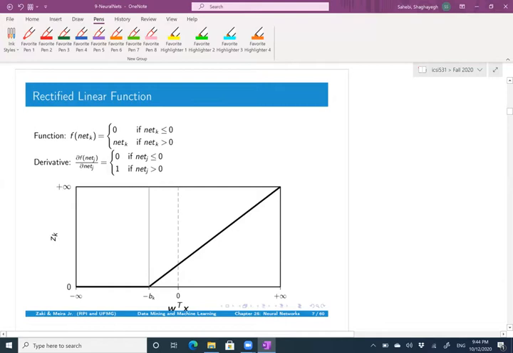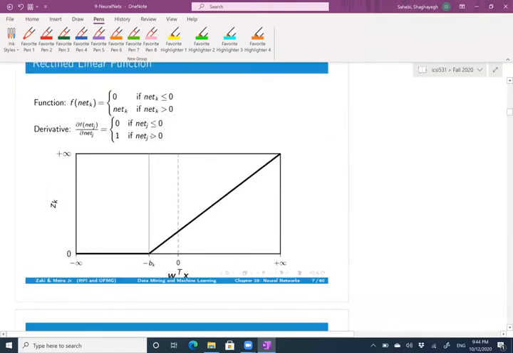Otherwise, if it's negative or 0, it's going to be 0. So if we apply this on the whole W transpose X plus B, the ReLU function is going to look like this. When it is larger than 0, it's going to be equal to net k. Otherwise, it's going to be equal to 0.